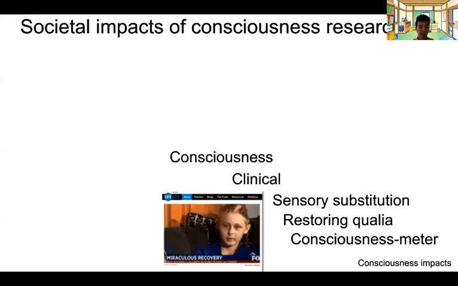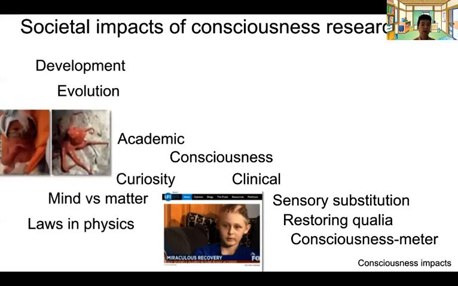And since then, he has completely recovered and is now playing basketball and things like that. But at this moment, we still don't have a good way to predict the recovery of consciousness after traumatic brain injury. And these types of clinical applications definitely require understanding of how consciousness is supported by neural activity.